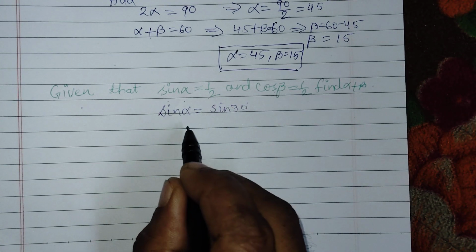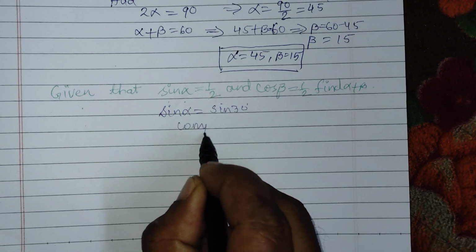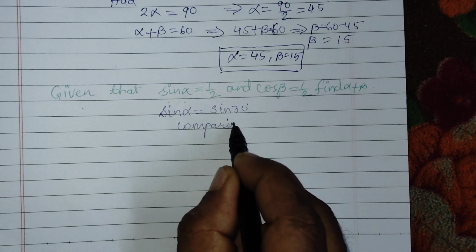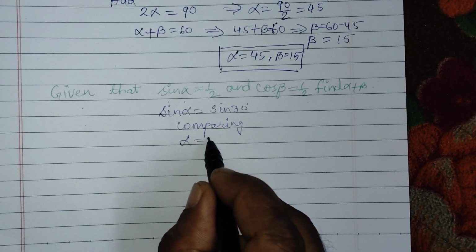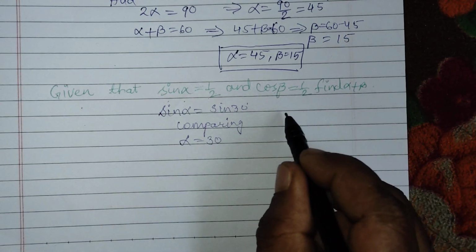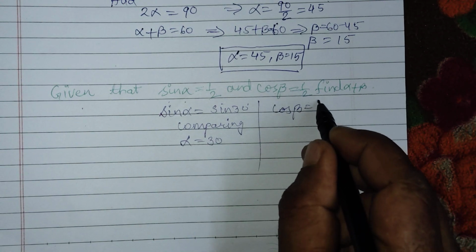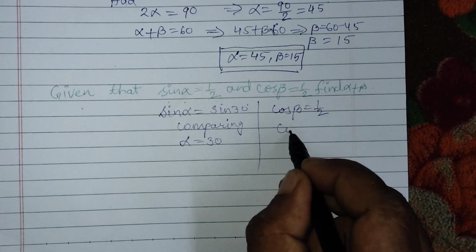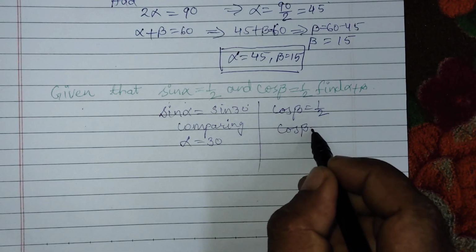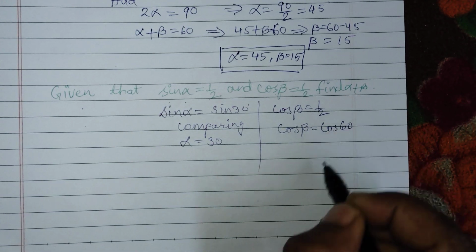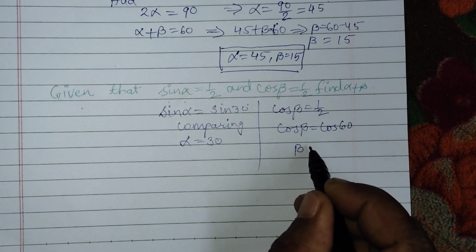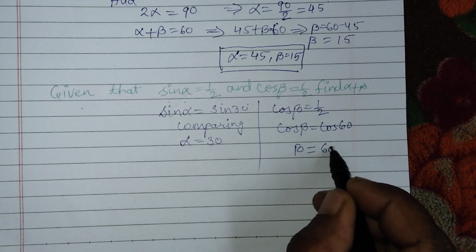So comparing will give alpha equal to 30 degrees. Similarly, cos beta is given 1 by 2, and 1 by 2 in cos is cos 60 degrees. So that will give us, by comparison, beta equal to 60 degrees.